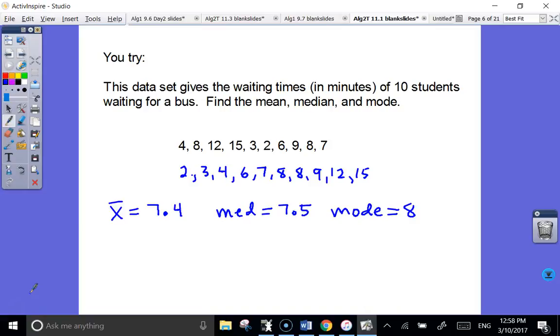Median? 7.5. And mode is 8. Right. So sometimes in order to find the median, it helps to put them in order. So you can start throwing out the lowest and the highest, the lowest and the highest, and what's left in the middle, 7 and 8, 7.5.